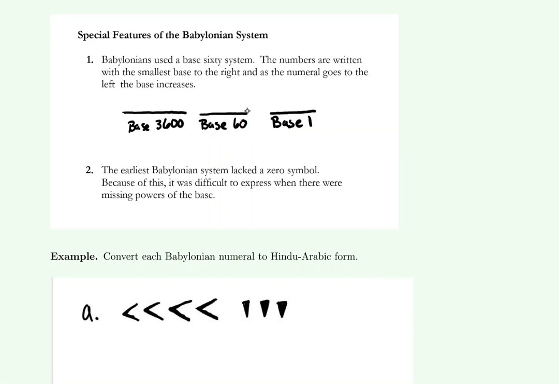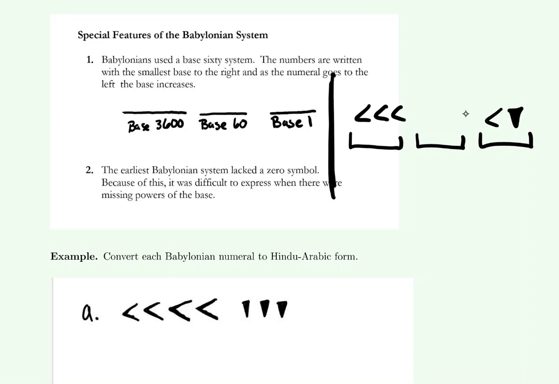So for our class, if we ever have that one of the bases is missing, I will have it written something like this. This would be an example of a Babylonian symbol where the base 60 is missing because there's just nothing written here. Okay. Now I have added in these brackets to make it clear that this is the first section of the base, which is base 1.